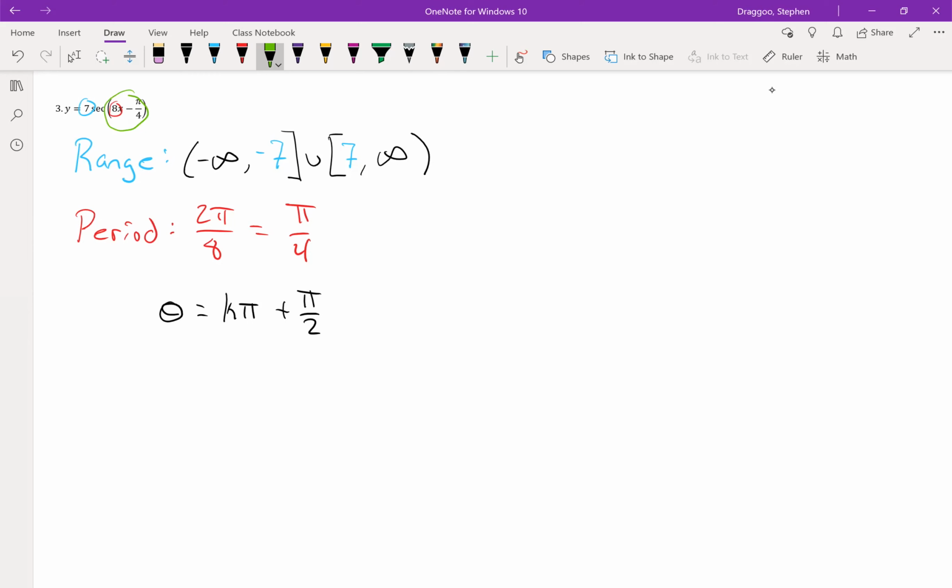So this time I want to take 8x minus pi over 4 equals k pi plus pi over 2 and solve that thing for x.